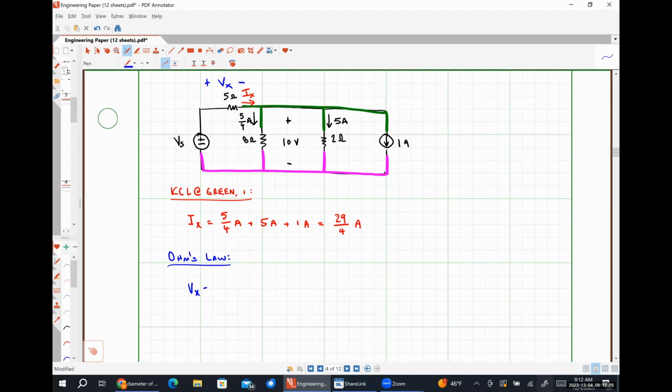What am I going to put in my equation? 29/4 of an amp, so that's our current, times 5 ohms. All right. Do I need a negative sign? No, because the current is flowing into the positive polarity terminal. All right. So 29 times 5, geez Louise. So 30 times 5 is 150 minus 5, so 145 over 4.